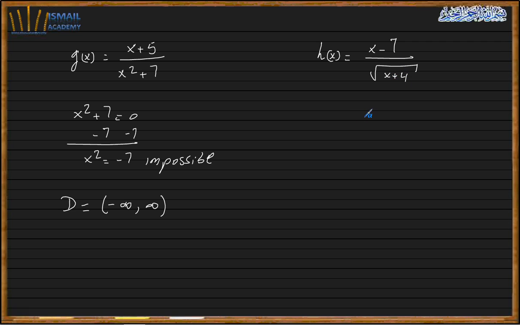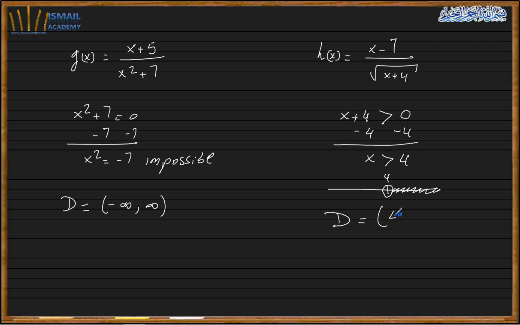So here I'm not going to solve an equation, I'm going to solve an inequality. So x plus 4 strictly greater than 0. So subtracting 4 from both sides, x is greater than minus 4. So in that case, my domain will be: I exclude minus 4 and take anything greater than minus 4. So it will be minus 4 to infinity.